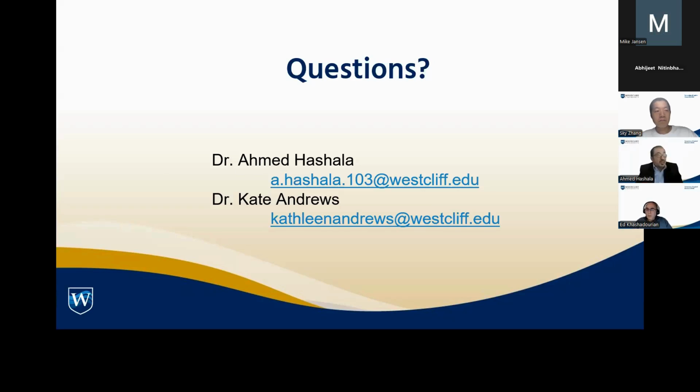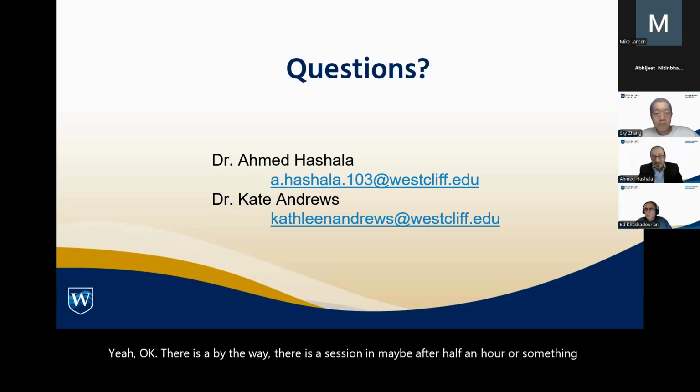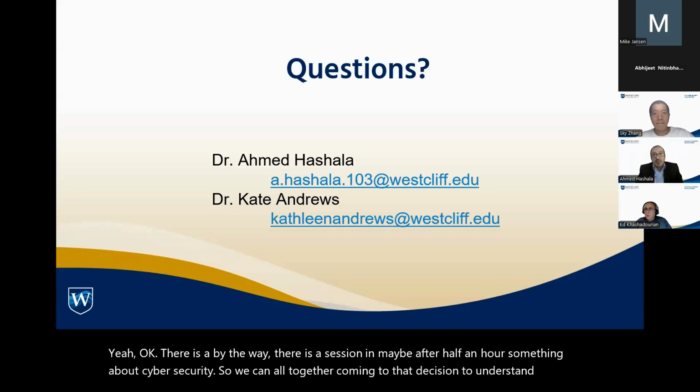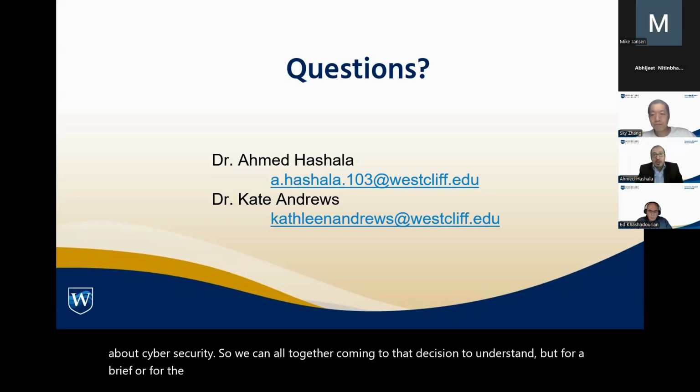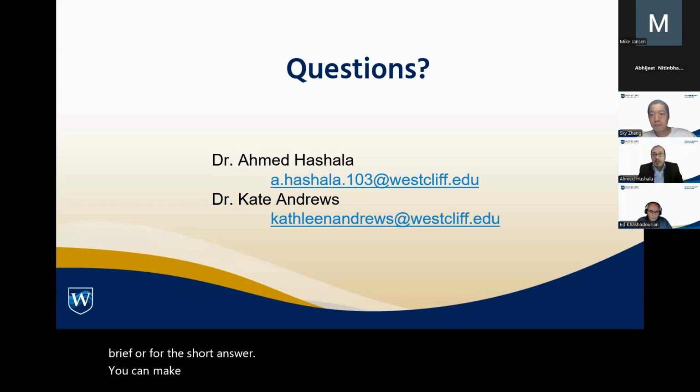Yeah, okay. By the way, there is a session in maybe half an hour about cybersecurity, so we can all come to that session together to understand. But for a brief answer, you can make your data unlabeled, or sorry, anonymized: names and all personal information in the sample records.